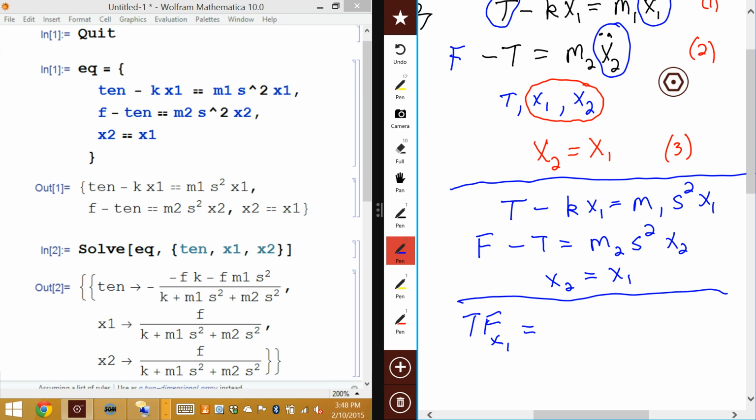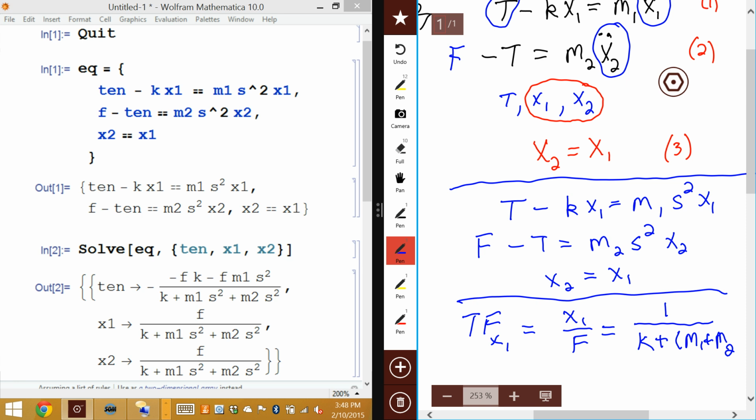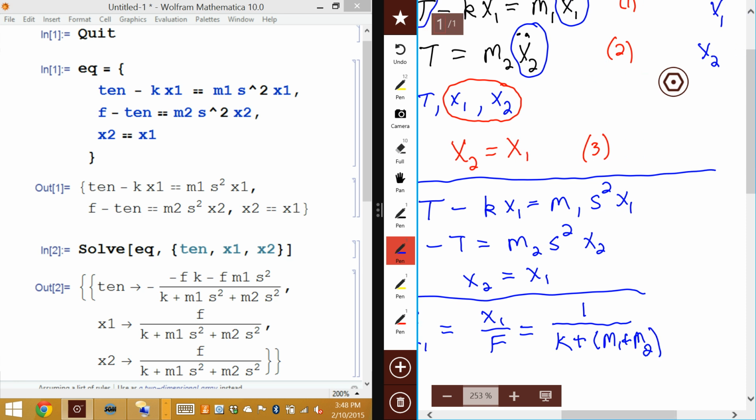Output is x1, input is F. So the transfer function is going to be x1 over F. It's output over input, and that equals, according to Mathematica, 1 over k plus mass 1 plus mass 2 times s squared.